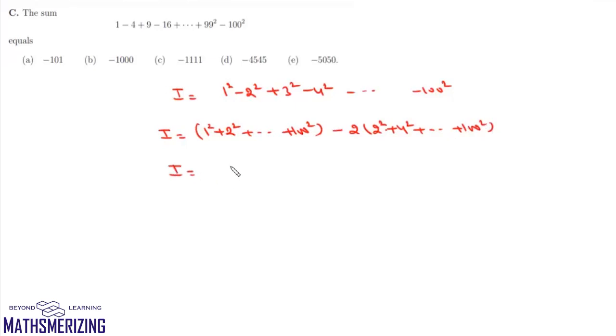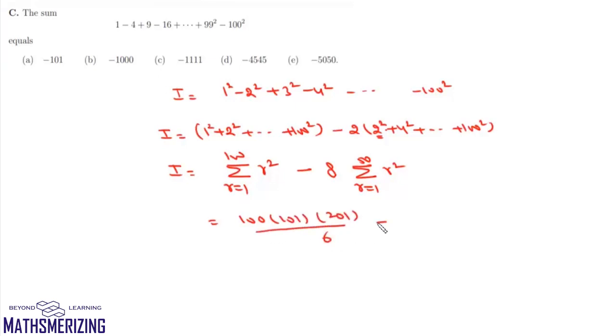We can write this as summation r square, where r varies from 1 to 100, and then minus, here we'll take 2 square common, so it'll be 8, and then we'll have the summation where r varies from 1 to 50 of r square. Now this is n(n plus 1)(2n plus 1) divided by 6, and then minus 8 times n(n plus 1)(2n plus 1) divided by 6.